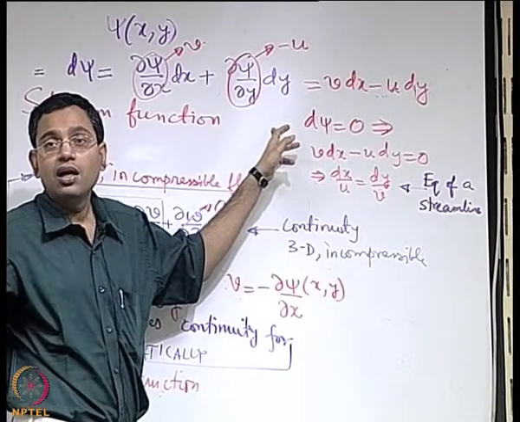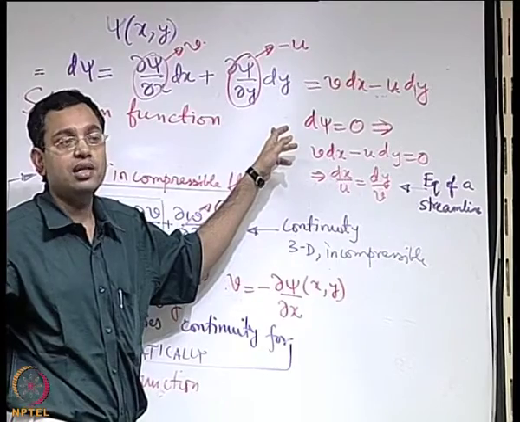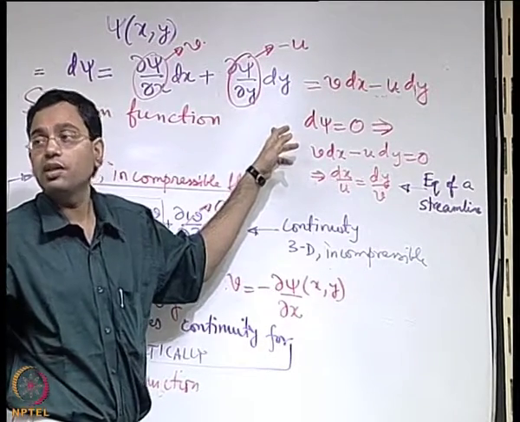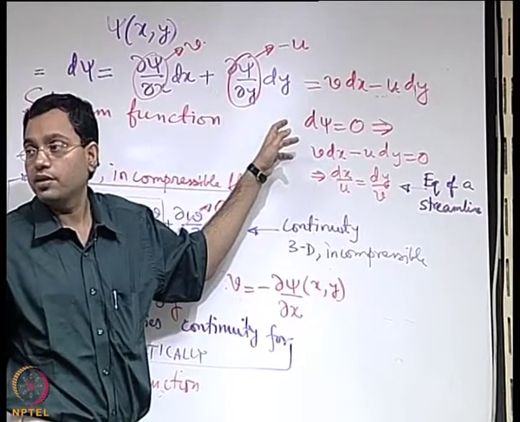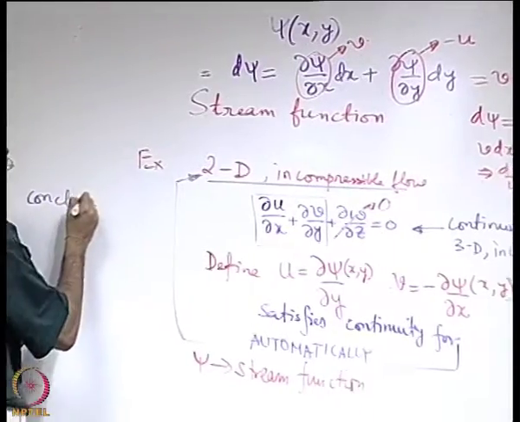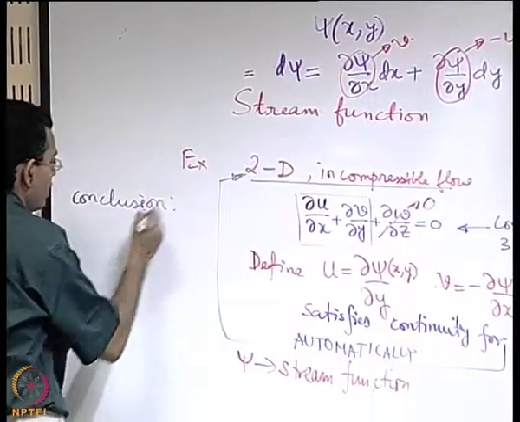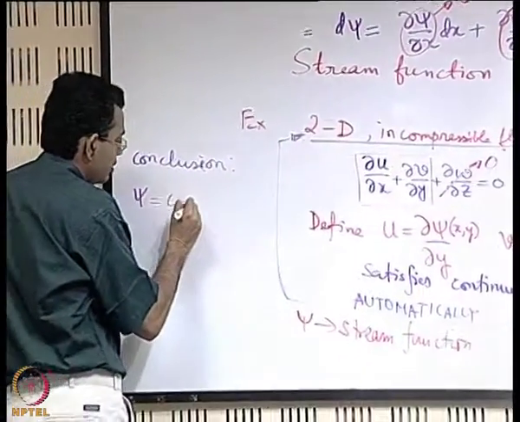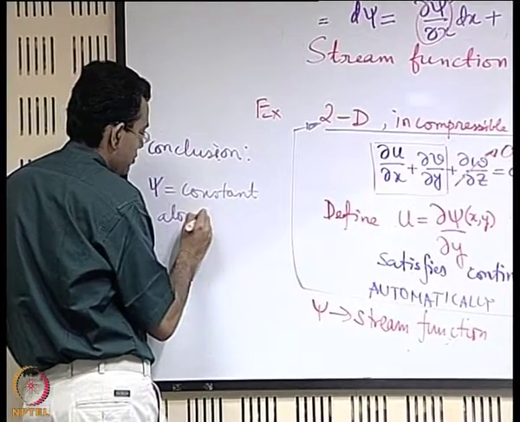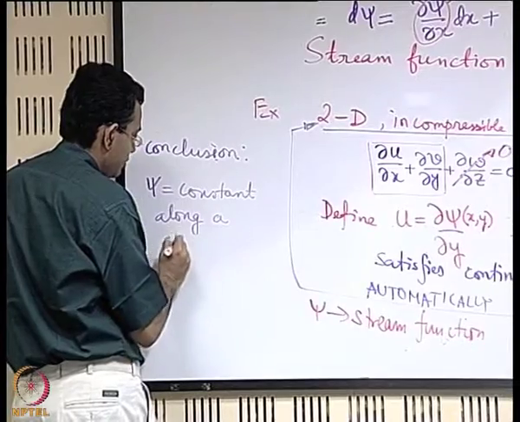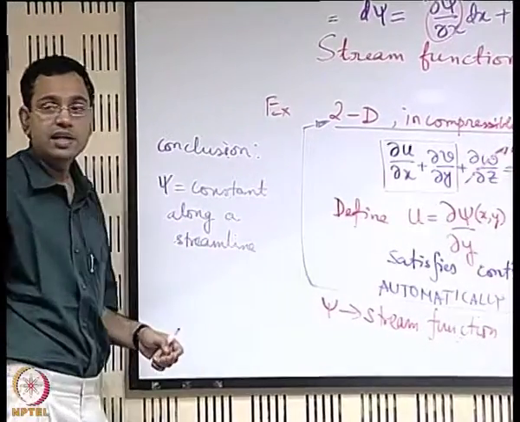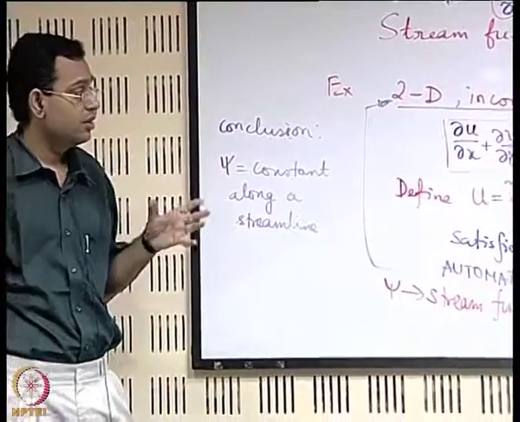That means one streamline represents a particular constant stream function, that is, the stream function is equal to constant along a given streamline. So the conclusion is psi equal to constant along a streamline, and that is why the name stream function.